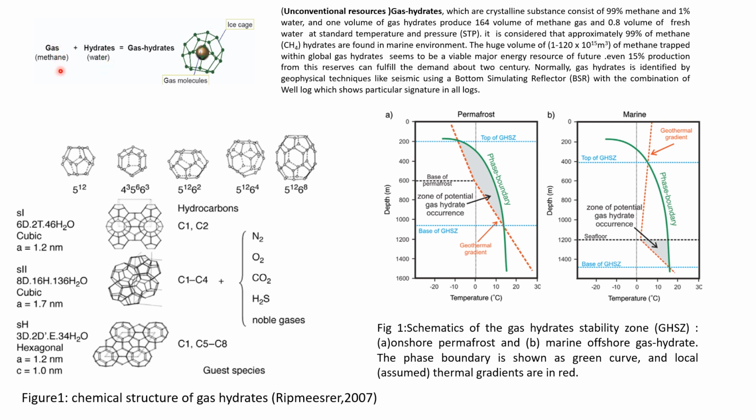The gas is normally methane, and the proportion of gas is 99% and the proportion of water is only 1% to form this hydrate. So if 99% methane gas and 1% water mix and form a clathrate as an ice-like or cage-like structure, then it is known as gas hydrate.